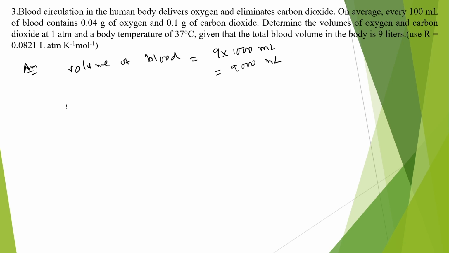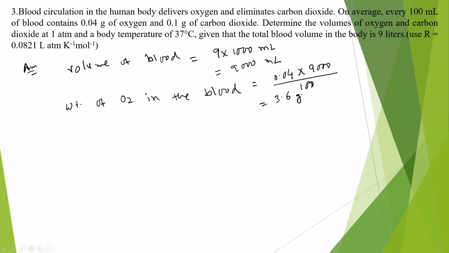And weight of oxygen in the blood is 0.04 times 9000 by 100. So, we get 3.6 gram. Next we calculate weight of carbon dioxide in the blood. It will be 0.1 times 9000 by 100. So, it will give you 9 gram.